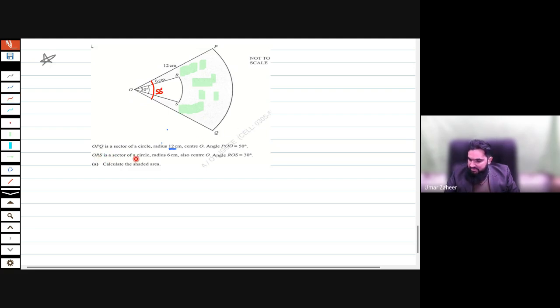ORS is a sector of a circle where the radius is 6 centimeter, also center O, and ROS is 30 degree. We have to calculate the shaded area.